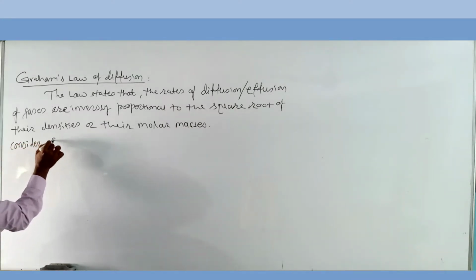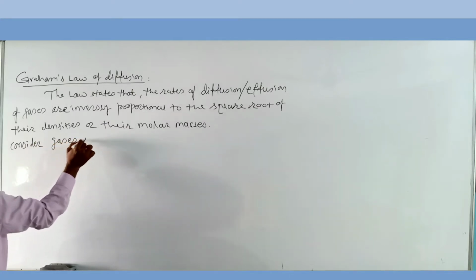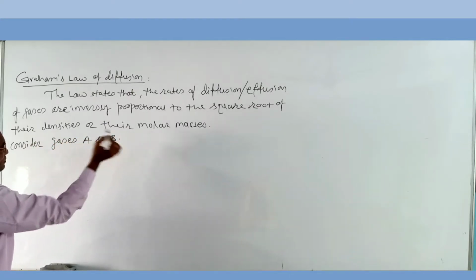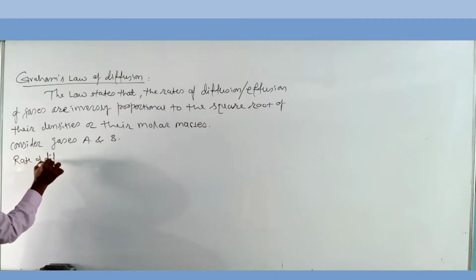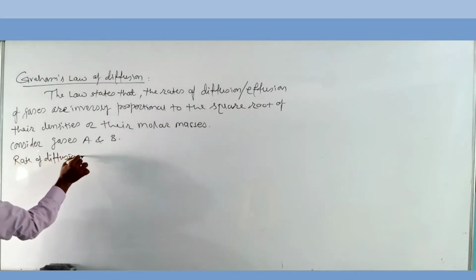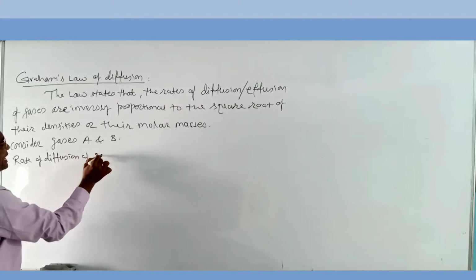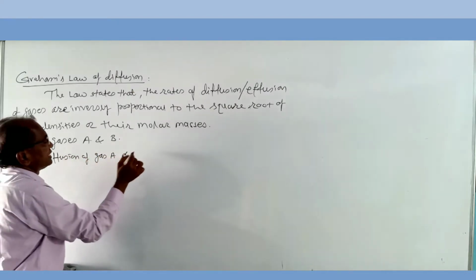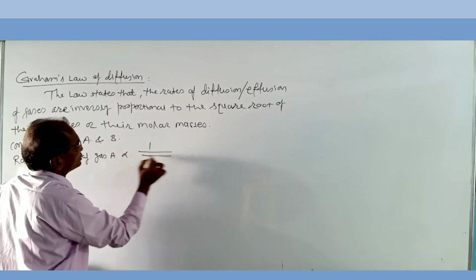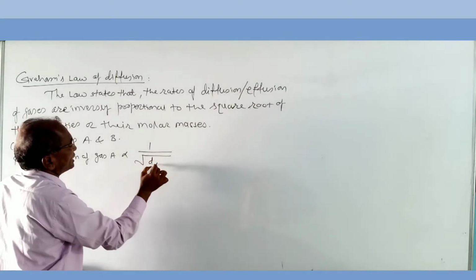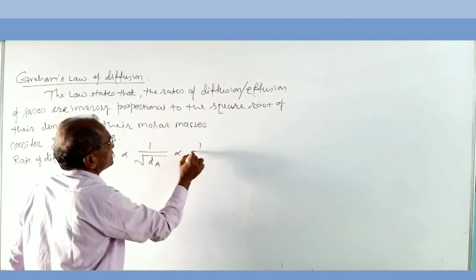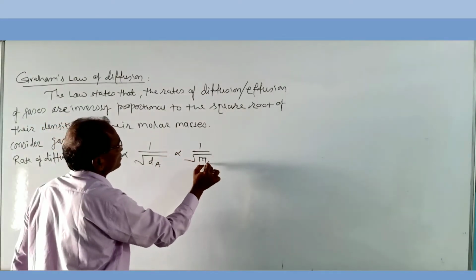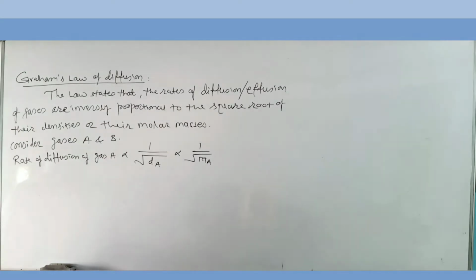Suppose consider gases A and B. Rate of diffusion of gas A is inversely proportional to the square root of its density or inversely proportional to the square root of its molar mass.